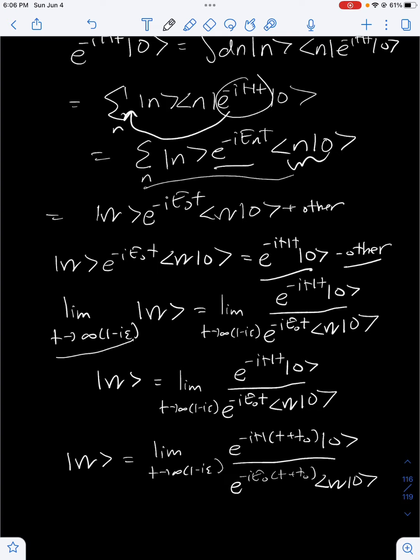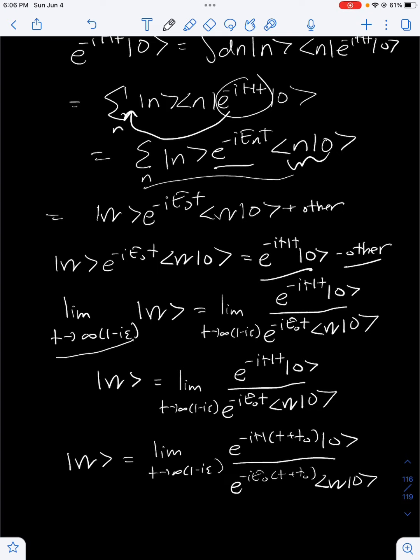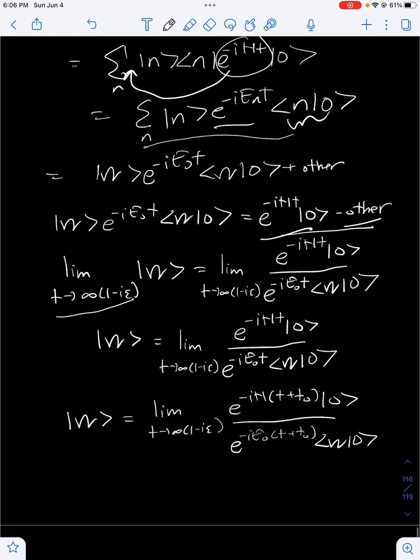And then once we've rearranged this, we can just divide both sides by this term over here. So once we divide both sides, we can isolate for this interacting vacuum. Then after we divide by both sides, we can take this limit over here.